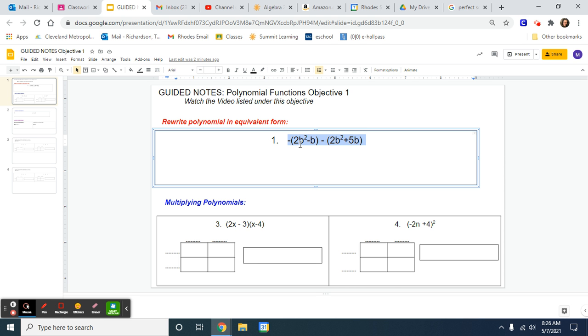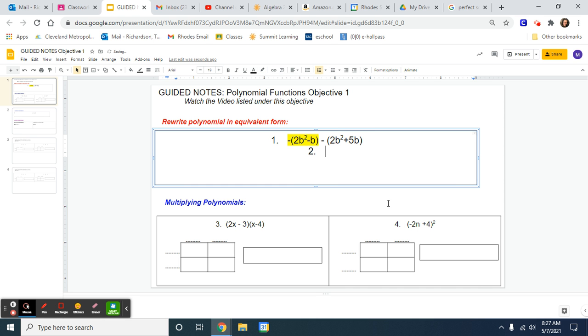But first, if you notice, we have parentheses here and we have negative signs out front of the parentheses. What we need to do first is take this negative sign and distribute it to everything inside the parenthesis that it's in front of. So let's just look at my first parenthesis first.